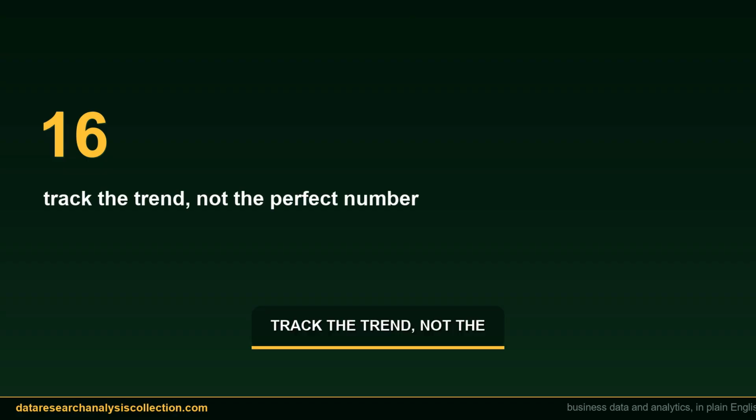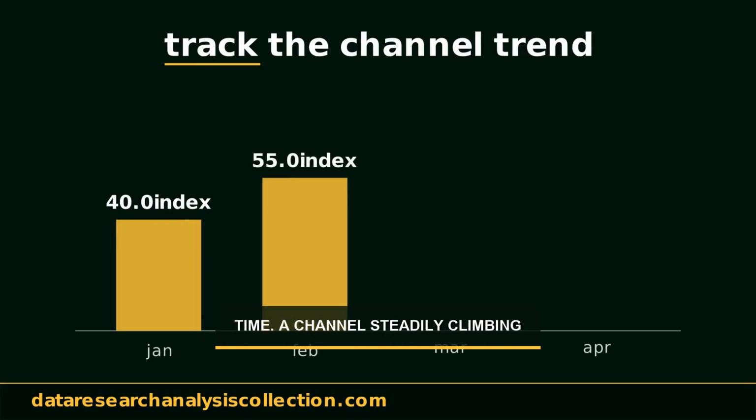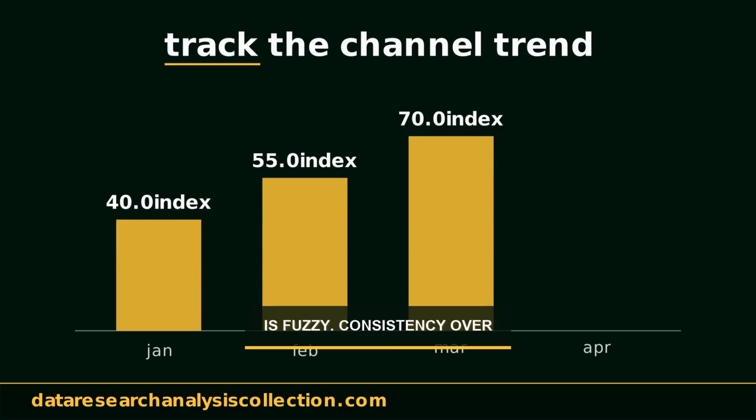Track the trend, not the perfect number. Since no attribution number is truly accurate, stop chasing the perfect one and watch the trend instead. Pick a consistent model, imperfect but the same every month, and follow how each channel moves within it over time. A channel steadily climbing under a fixed model is genuinely improving, even if the absolute credit is fuzzy.